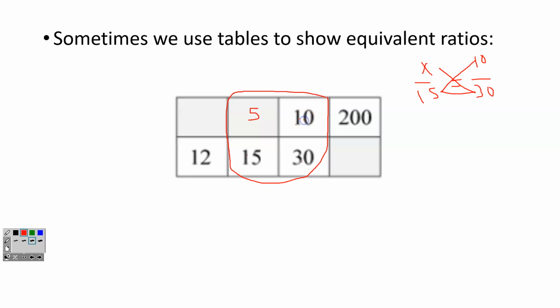Going from 10 to 5, I'm dividing by 2. Well, now I can use that to figure out this box. So I can say x over 12 is equal to 5 over 15. Well, let's see. 5 times 12 is 60. 60 divided by 15 gives me 4.